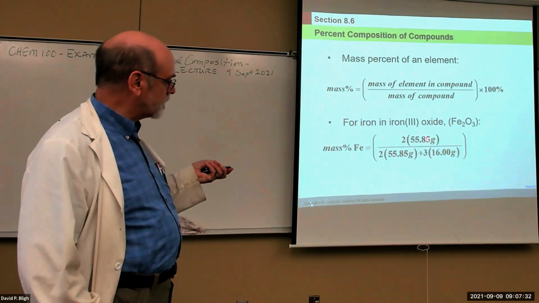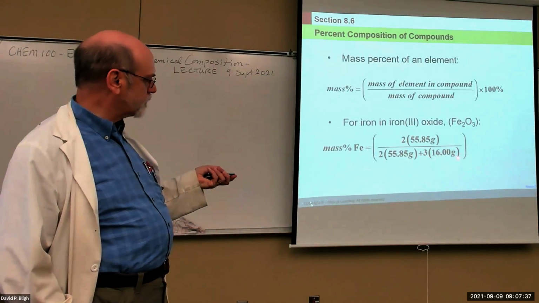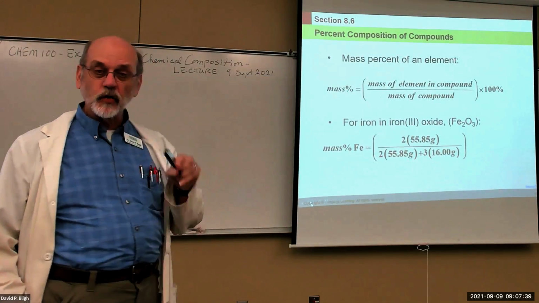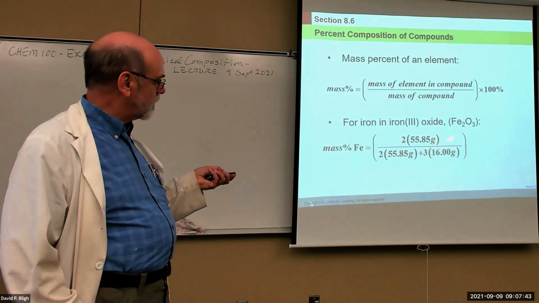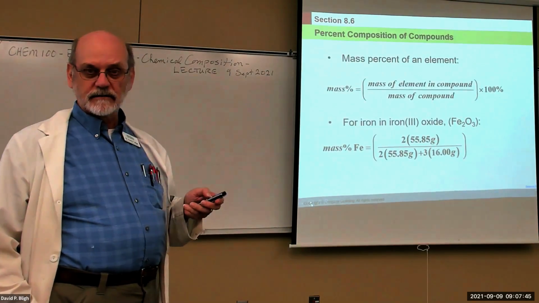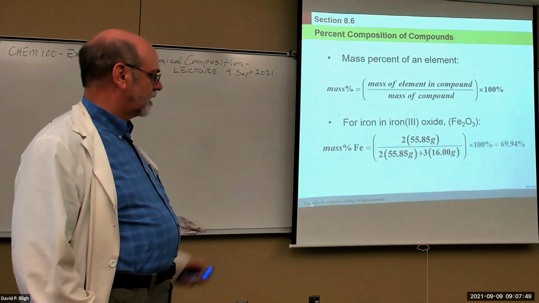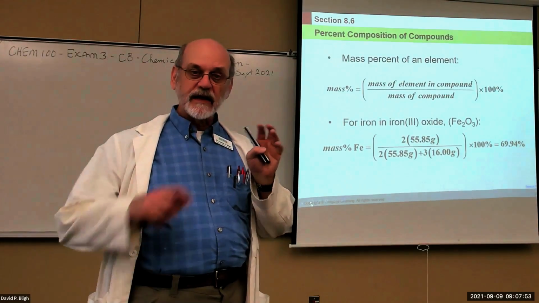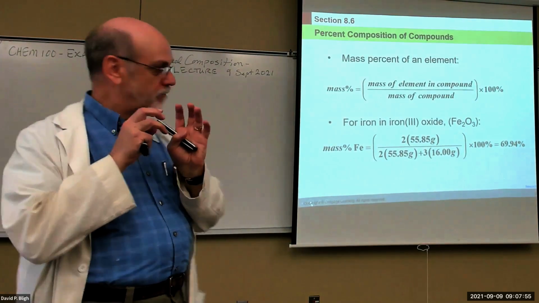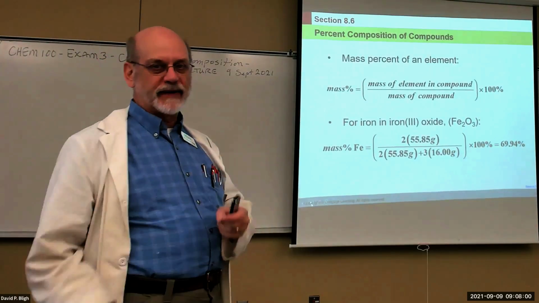Notice this is in the numerator and the denominator. So there's your oxygen, there's your iron. That's the total molar mass. And this is how much of the iron is in that compound times 100. 69.94% theoretically is the mass percent composition of iron in that compound.